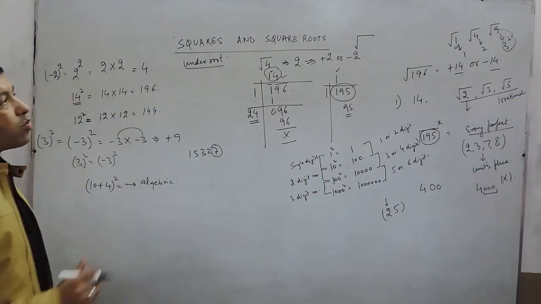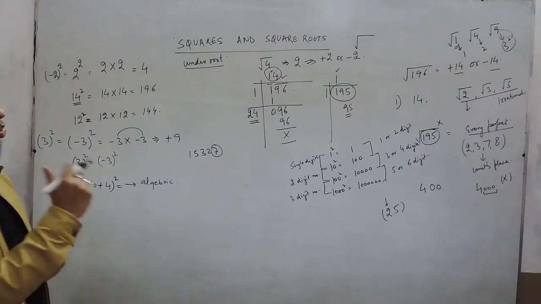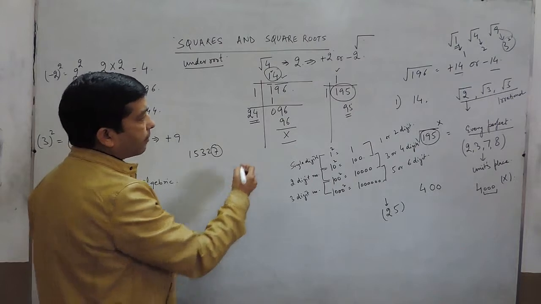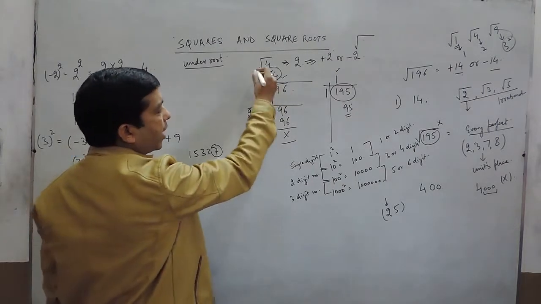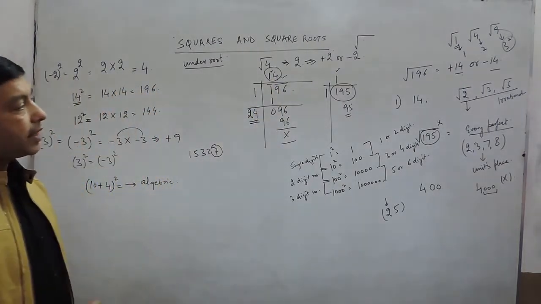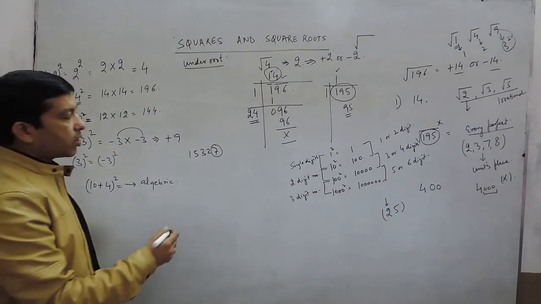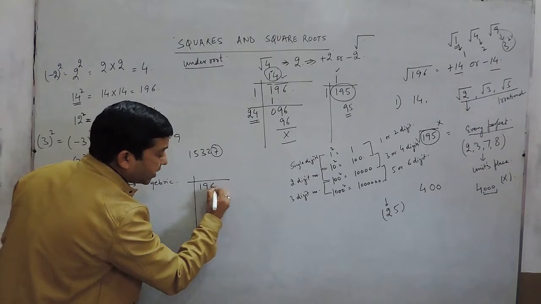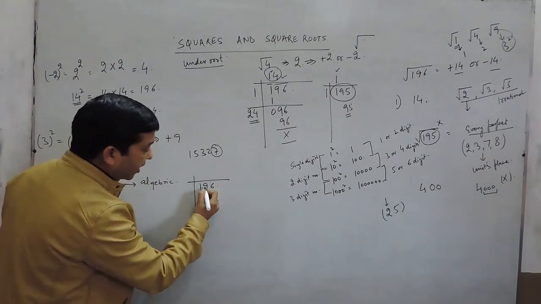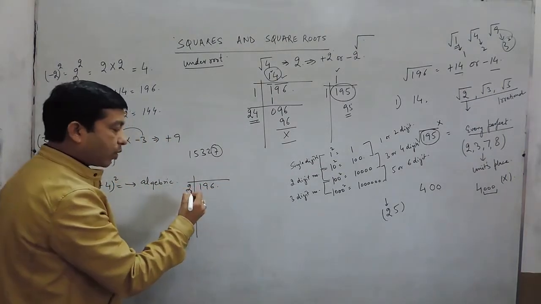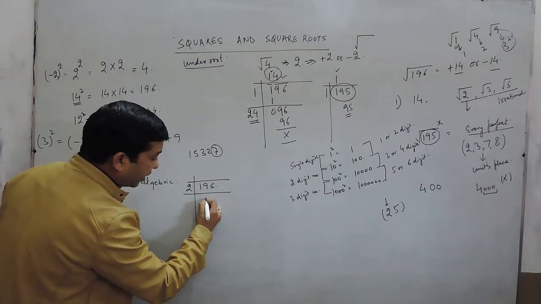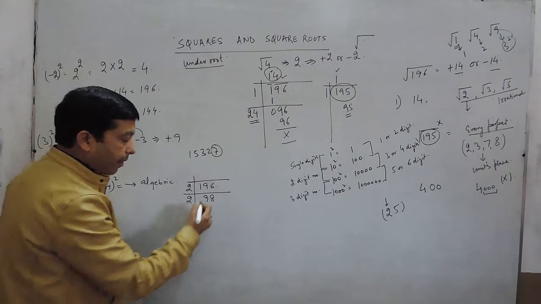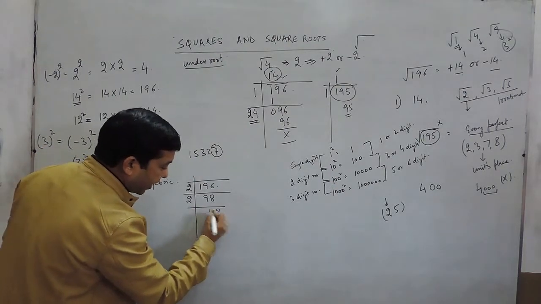Now we come to how to find the square root of a number. This is one of the methods, known as the long division method. There is one more method, known as the factorization method. We find the factors of this number. We divide it by 2, it comes out to be 98. Then again we divide it by 2, it comes out to be 49.